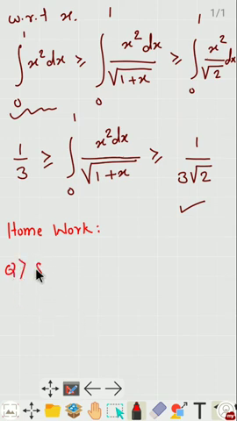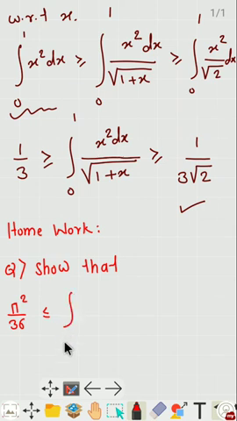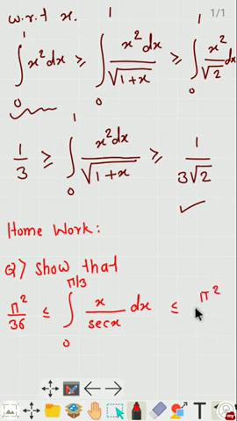Show that pi square upon 36 is less than or equal to integration over 0 to pi by 3 of the function x upon sec x dx, and it is less than or equal to pi square upon 18. Okay, so try to prove this inequality.